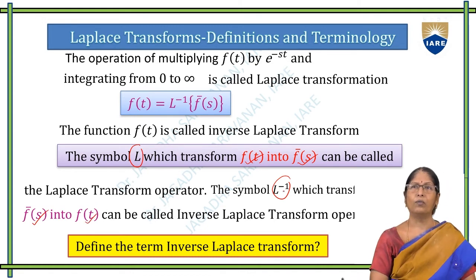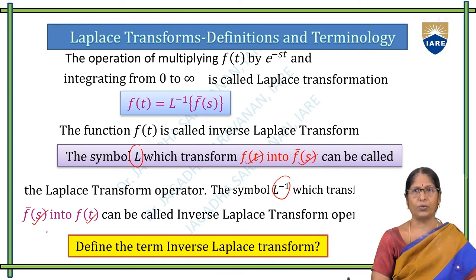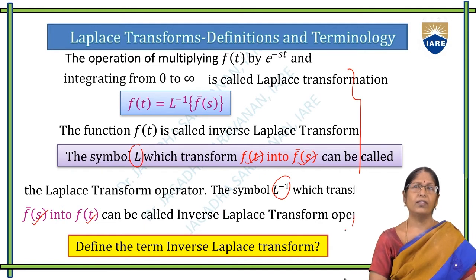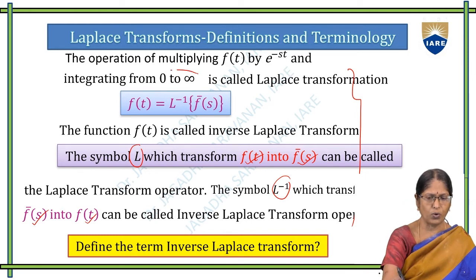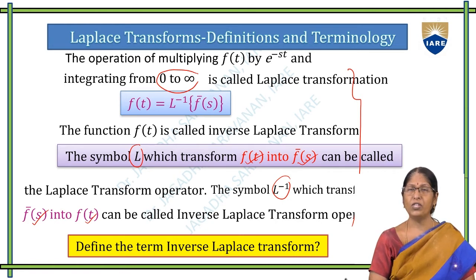That is the functioning of L inverse, the transformation taking place from f bar of s into f of t. So from this slide, these many questions are possible. One more question we can expect: the integral range, the limit value of the Laplace transform, the simple answer is 0 to infinity.